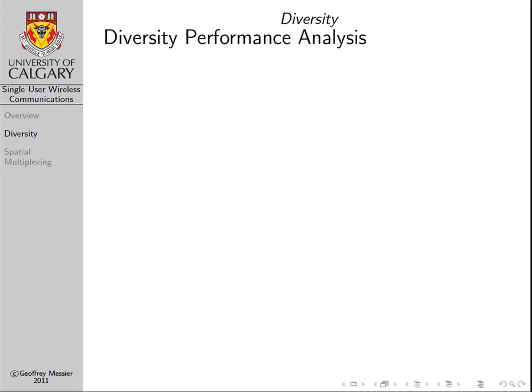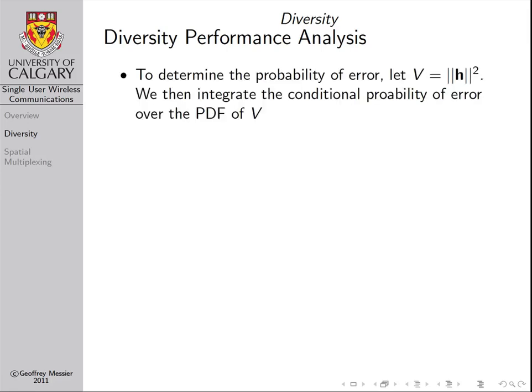So now the final thing left to us in our diversity performance analysis is just to derive the bit error rate of a diversity system. And to do that, we're going to follow a very similar approach to what we used to derive the probability of error for the non-diversity BPSK transmission over a Rayleigh faded channel.